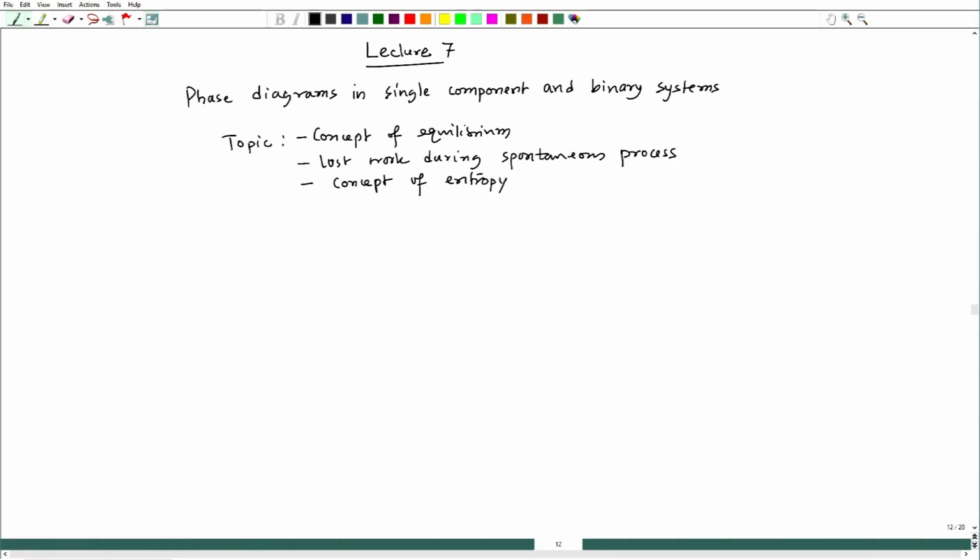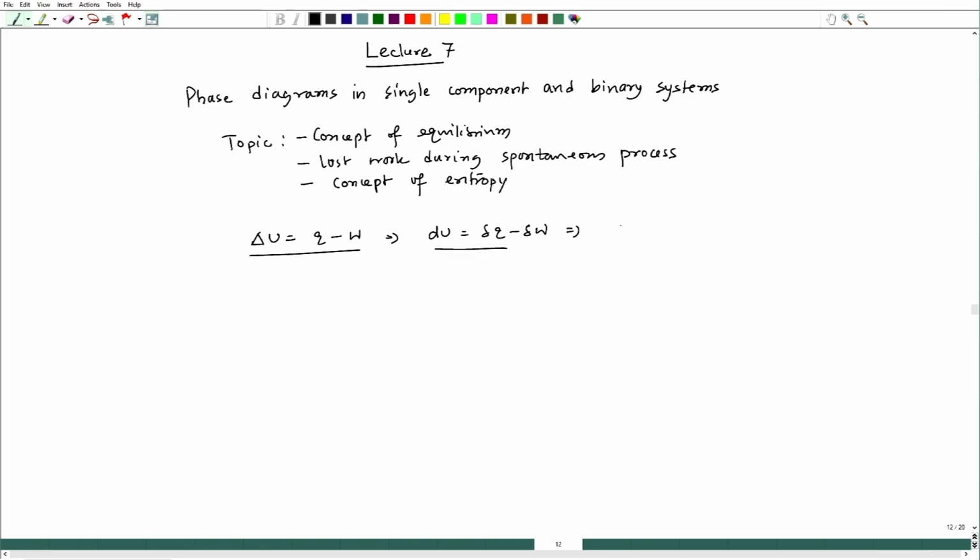If we look at what we have done in the last lecture, we have seen this equation, and then we have also considered a few situations.